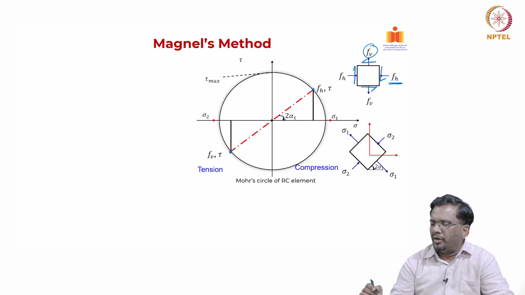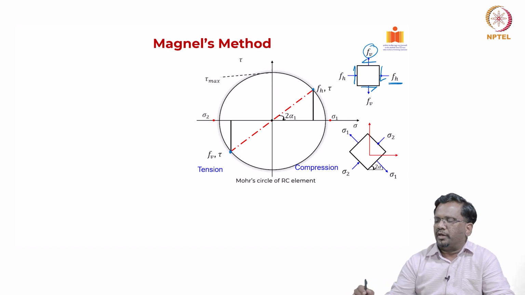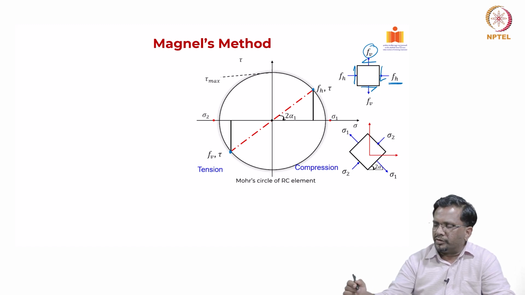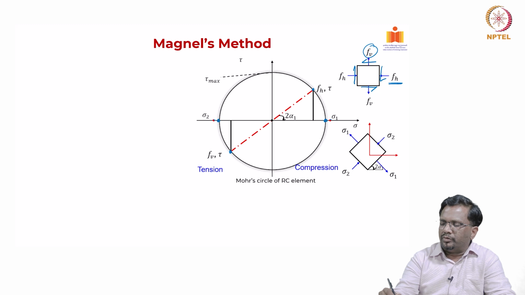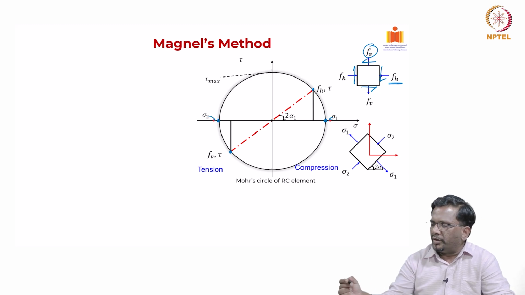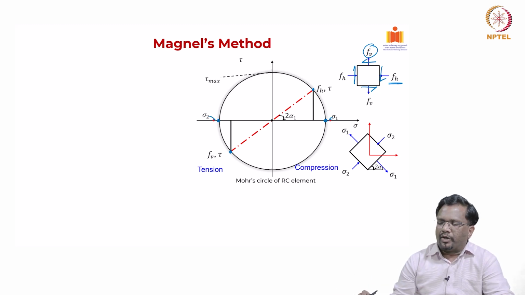In a Mohr circle, you get your 2 points, and then from your Mohr circle you can get your principal stresses, sigma 2 and sigma 1.